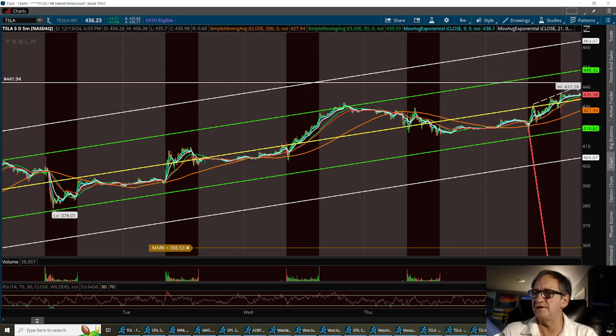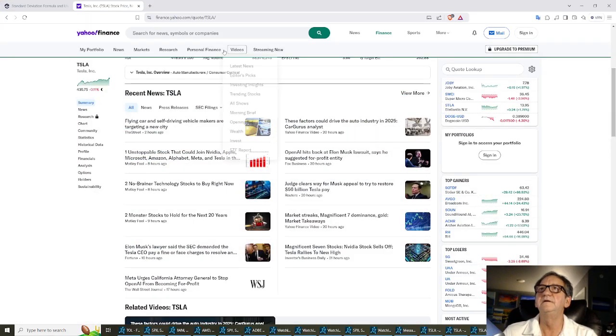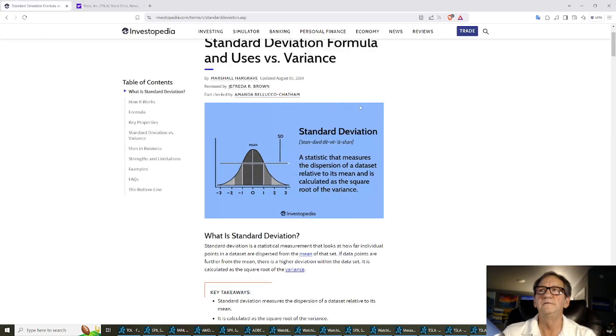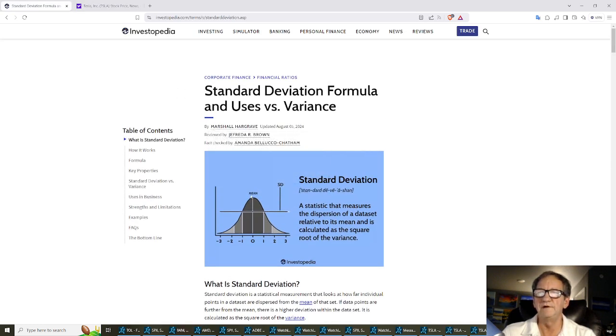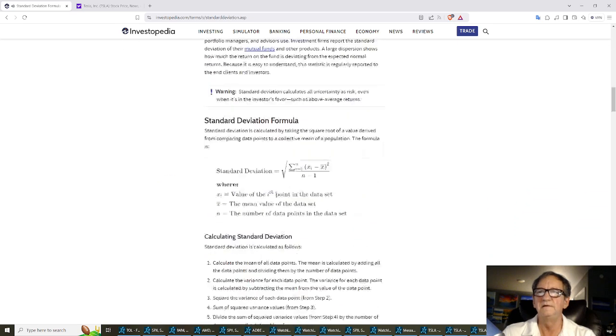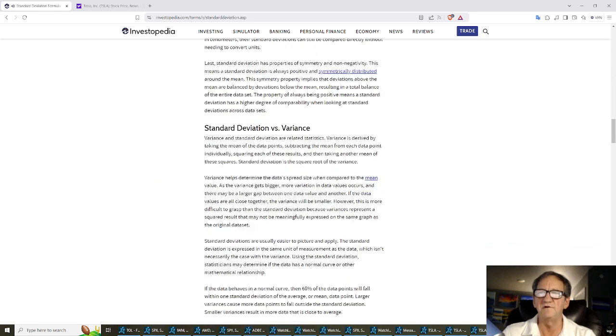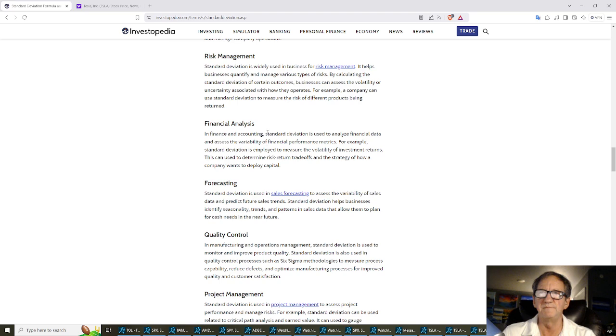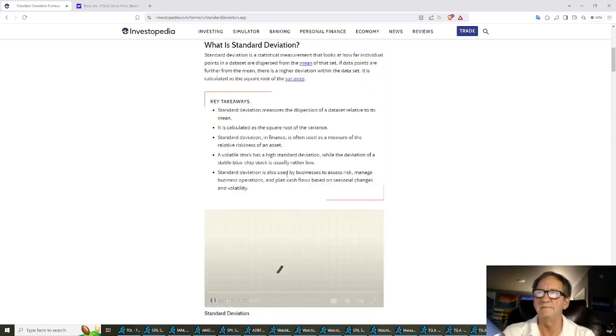And that's the standard deviation. I'm going to have this link in the bottom of the content, and you can go through it too. It'll teach you how it's all formalized and the risk management on how to trade it, forecasting and quality control, just all kinds of good information for you.